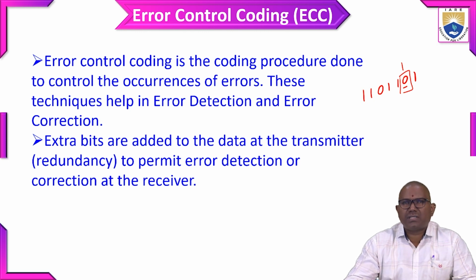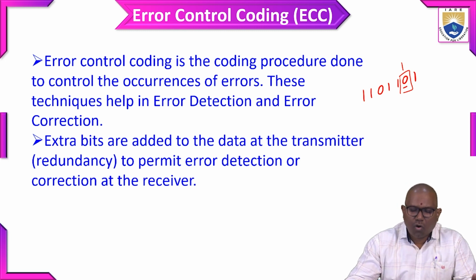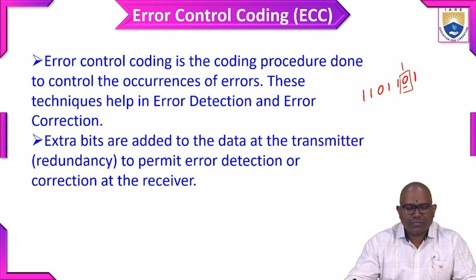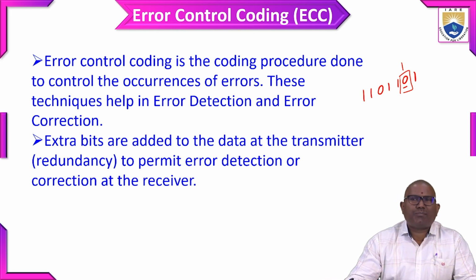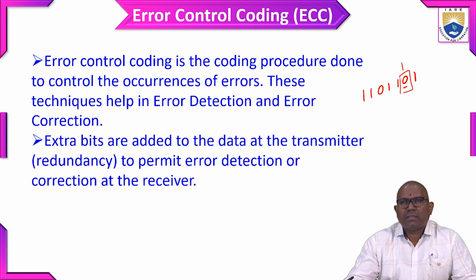Extra bits are added to the data at the transmitter to permit error detection or correction at the receiver. So here we are adding redundancy, that is, extra bits. Whereas in source coding, we remove the redundancy, because there I require a high data rate and less transmission bandwidth.